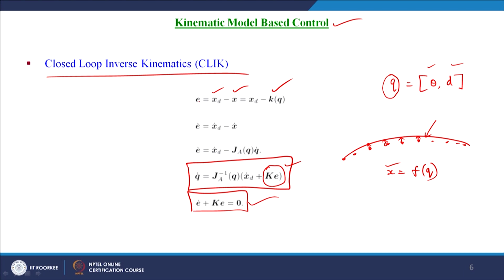So, error is the difference between the desired trajectory and the actual trajectory, and the time derivative of the error is e dot equal to x d dot minus x dot.